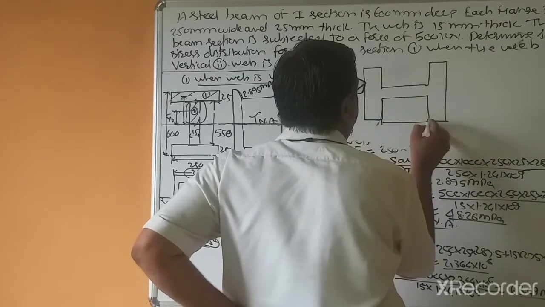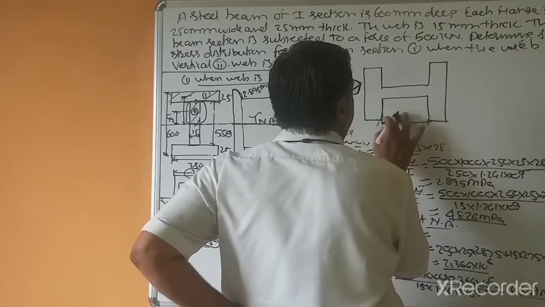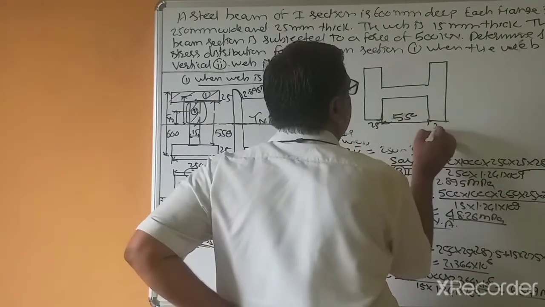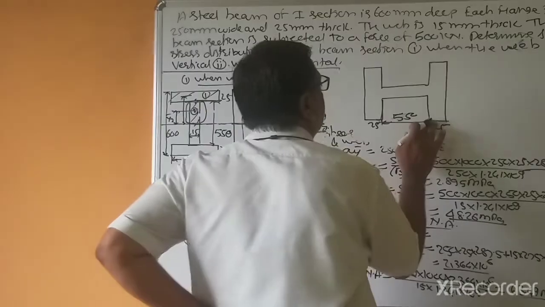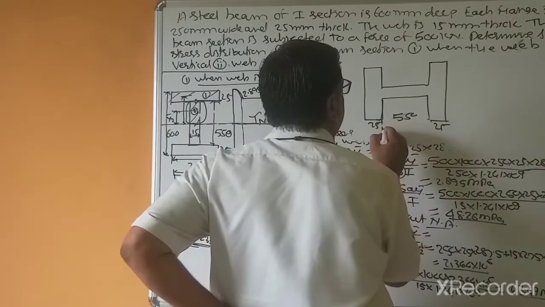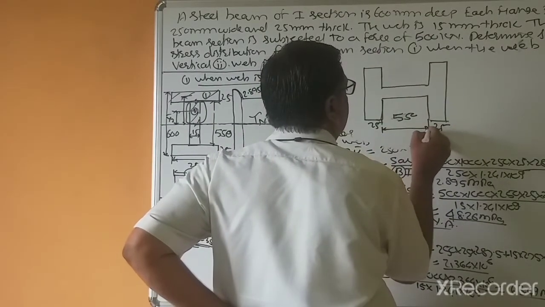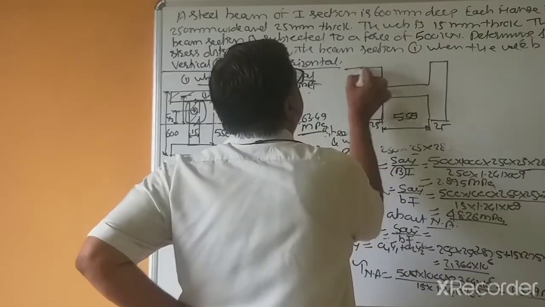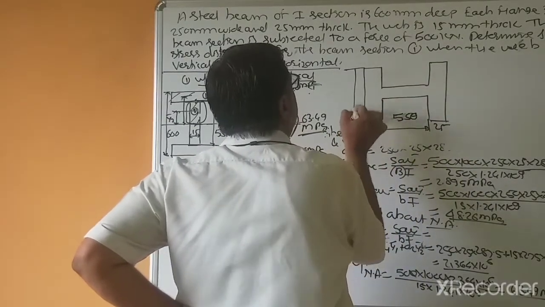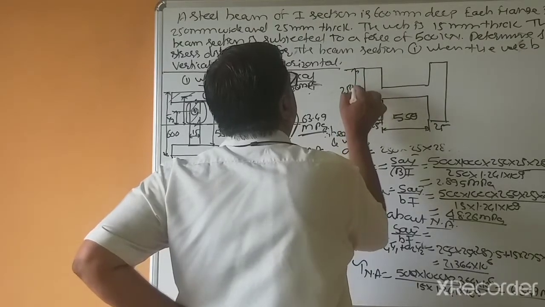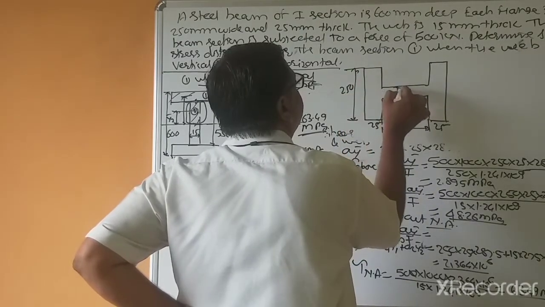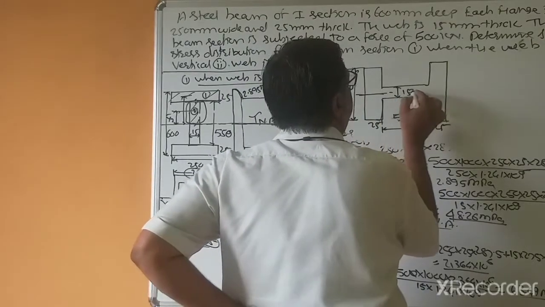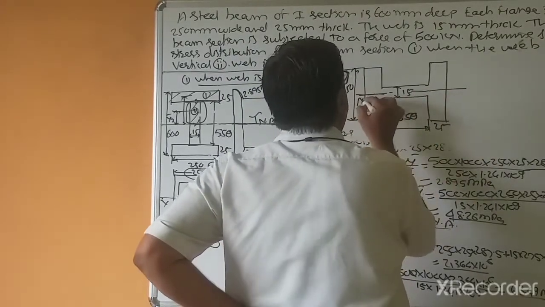So this is 550 and this is 25, this is 25. Now this is 250 and this is 15. So this is neutral axis.